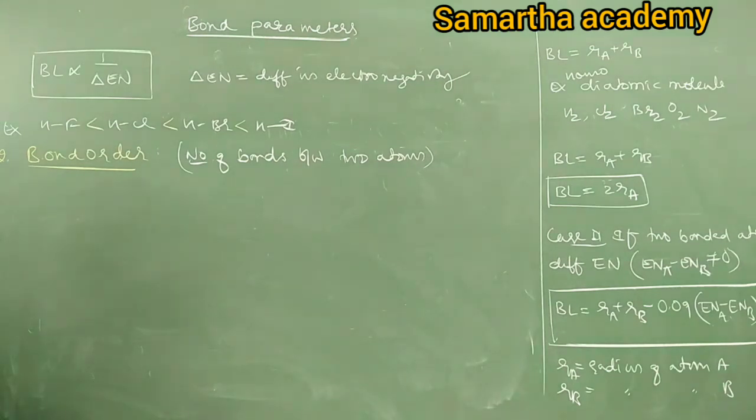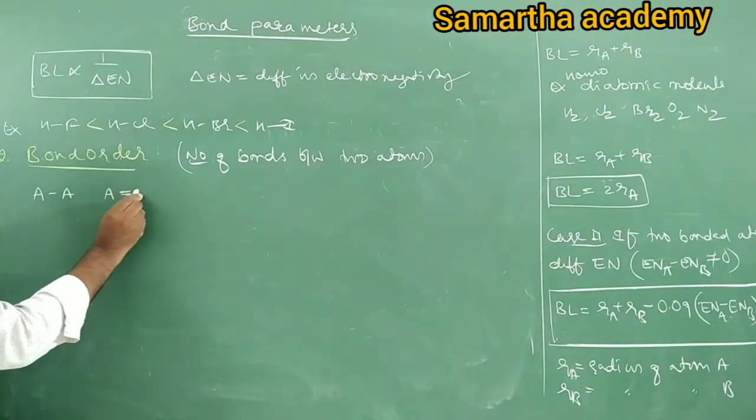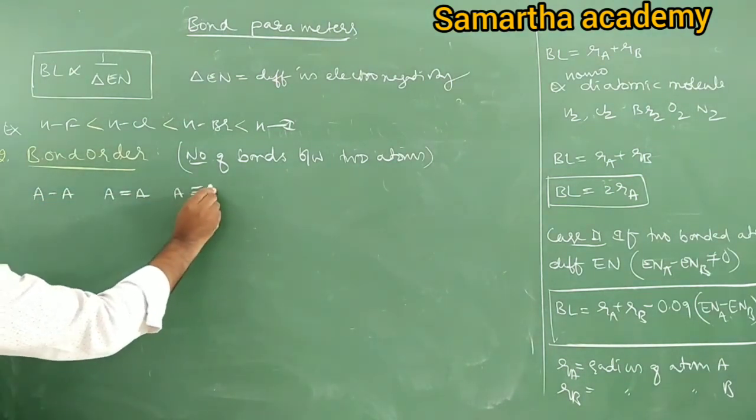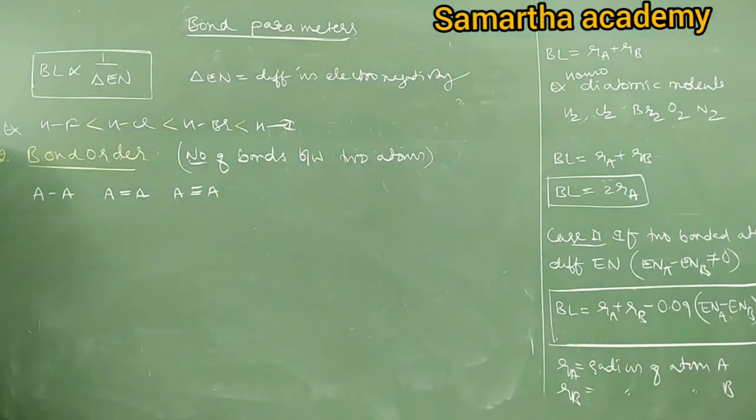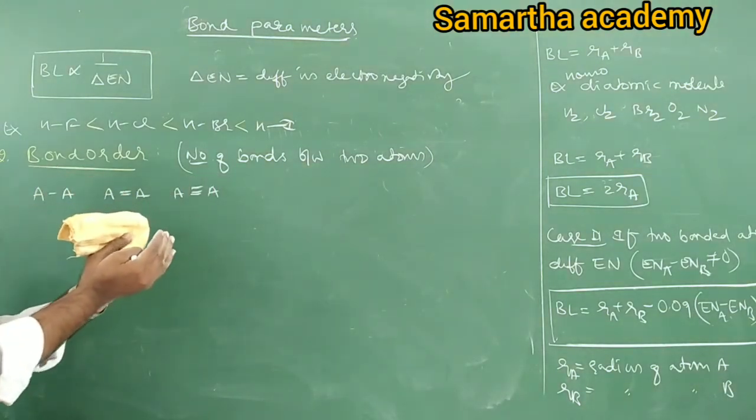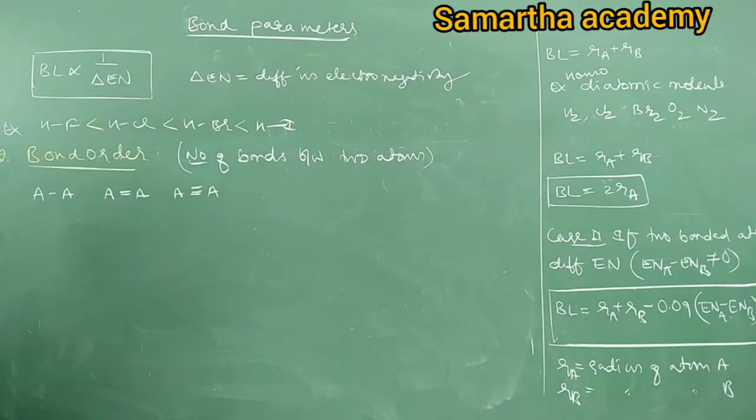As the bond order increases, like single bond, double bond, triple bond, if the number of bonds between any two atoms increases, then what happens? Those atoms come closer. Obviously, the number of bonds is nothing but attraction.